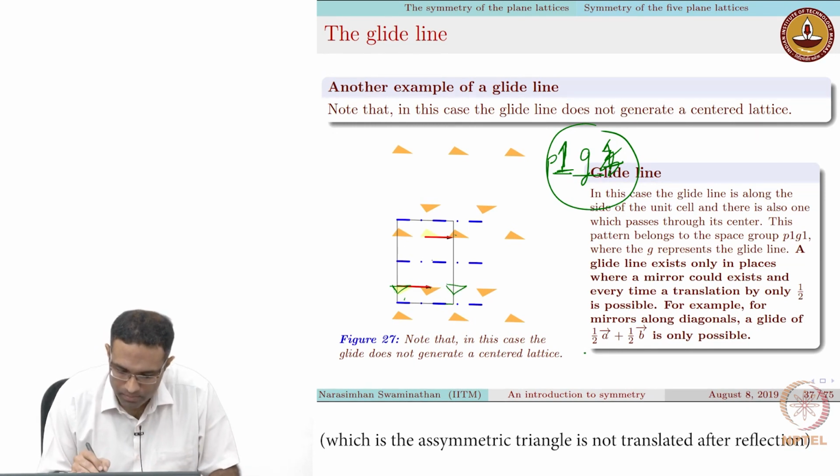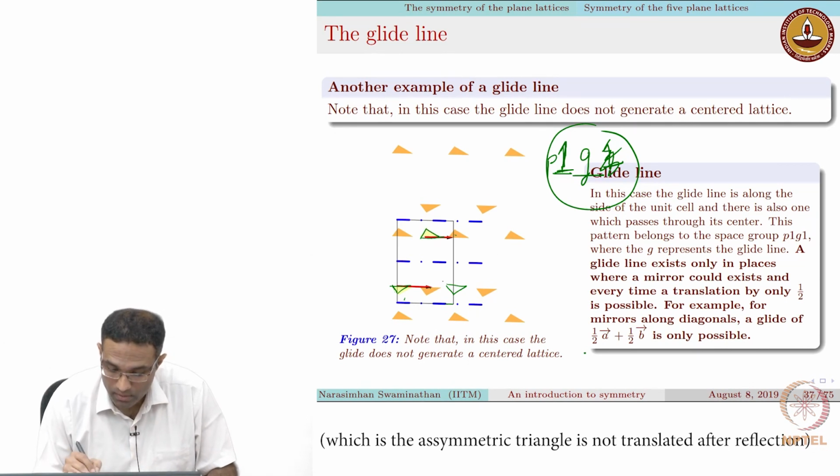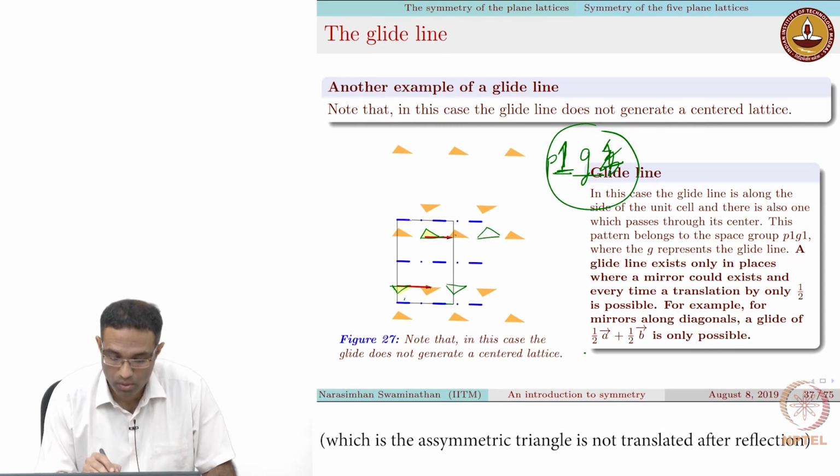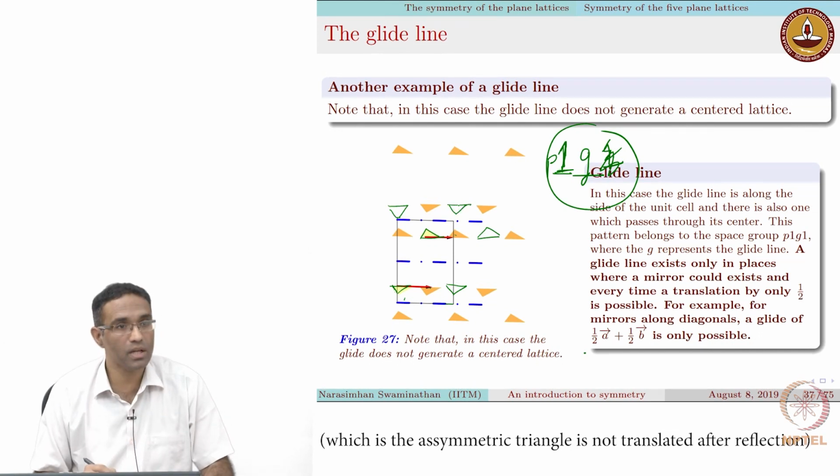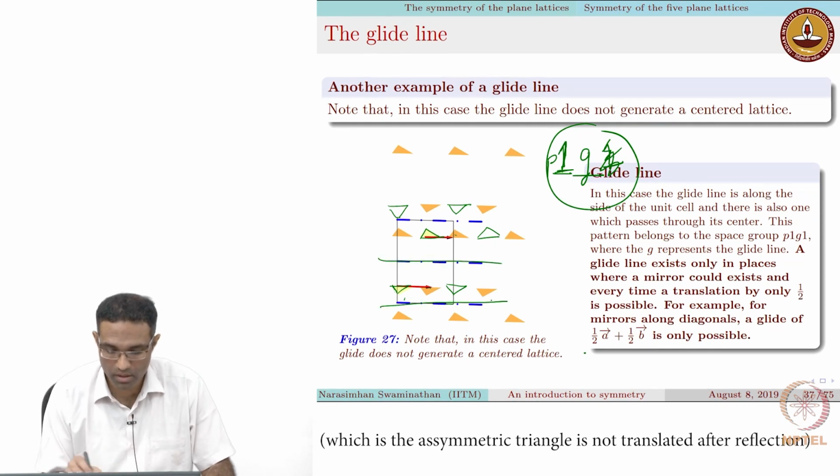Then there is one present here. So if there is one present here, there should also be one present here. So there should also be one present here, right? So is there a mirror? I think there's a mirror here and there's a mirror here.